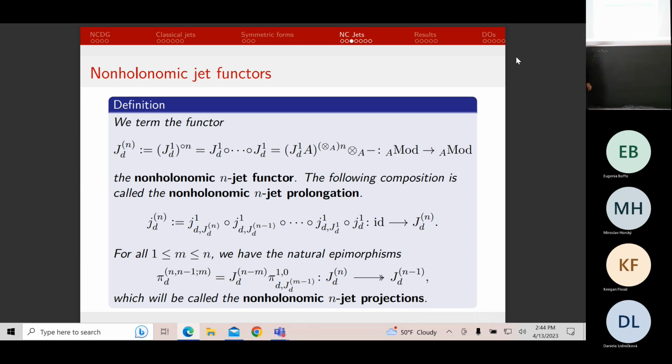And we already see a first problem of non-holonomic jets, which is the fact that there is no single projection. There are in general n possible projections for the non-holonomic jets. So this is the first problem. It's too big. We need to at least restrict it to a situation where all these projections are the same.